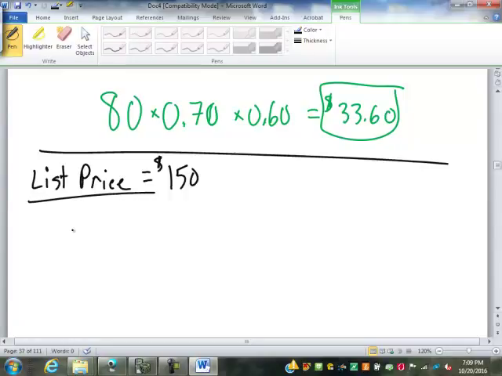So the store does a 20% markdown. 20% markdown, 20% discount, same thing. Let's say it continues to sit there until it goes out of season. So they do an additional 30% markdown because it's now out of season.